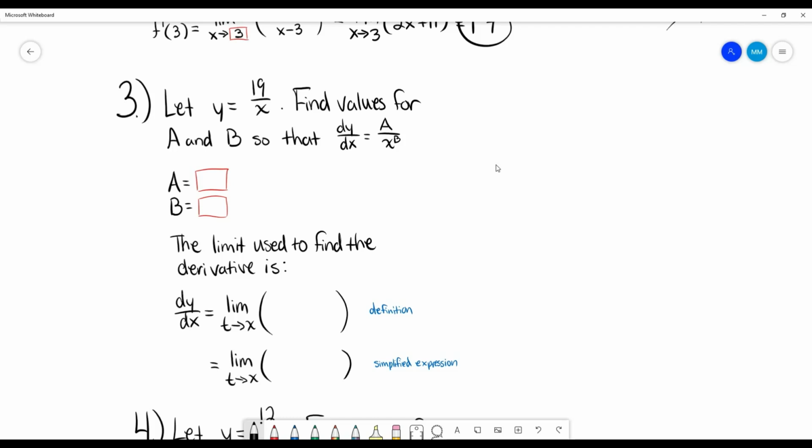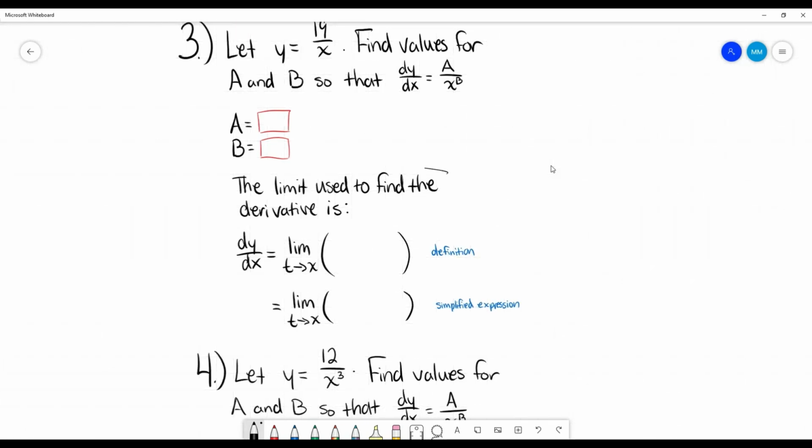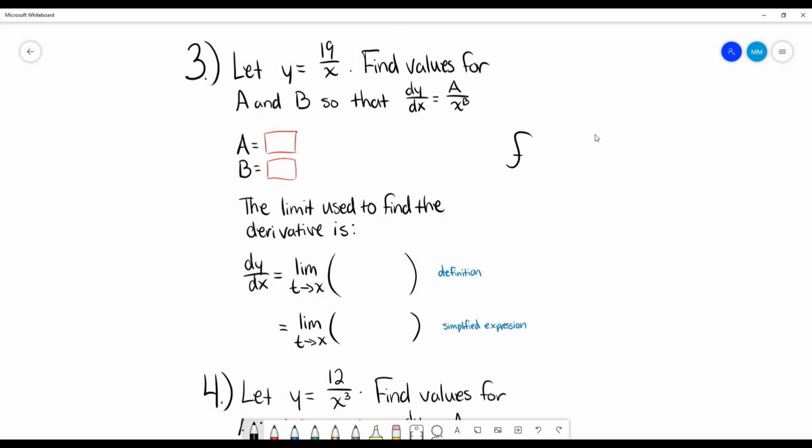And so when we want to find our derivative, again, the derivative of a function, so our dy dx, they've actually got this bit down here for us. So our dy dx is the limit as t approaches x, and this is the same as this, just about.